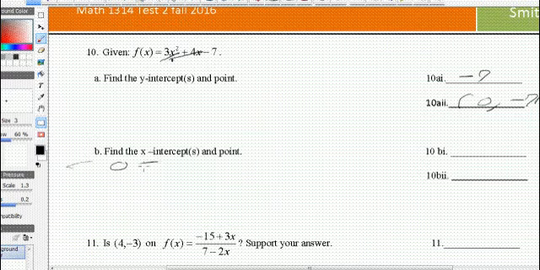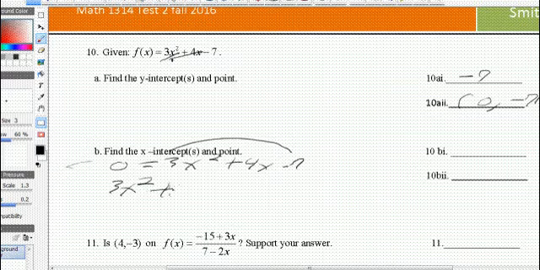X-intercept: 0 equals 3x squared plus 4x minus 7. You have to either use the beast or the bridge over troubled water to see if you can factor this. It turns out to be plus 7x minus 3x minus 7, because this is 21.